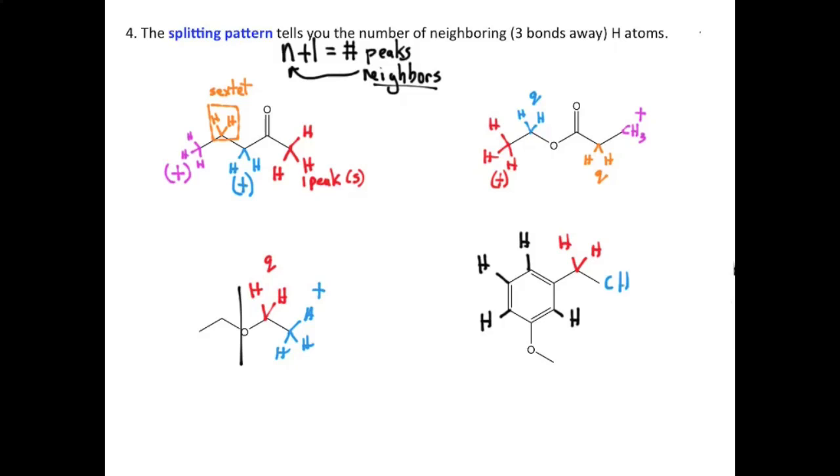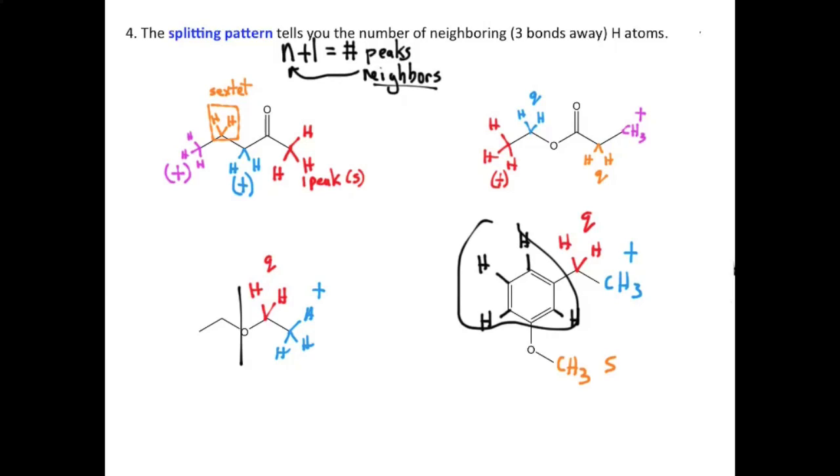So again, if we look at our examples here, for now, I think the basic thing is don't worry about splitting for the aromatic hydrogens. We're just going to look at the hydrogens in red. They have 3 neighbors, that would be a quartet. The hydrogens in blue have 2 neighbors, that would be a triplet. And if we look at orange, there are no neighbors over here, so that would be a singlet.